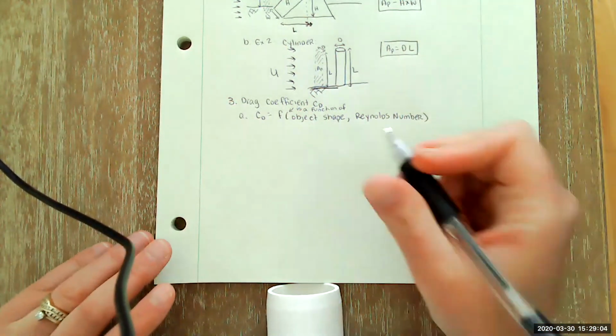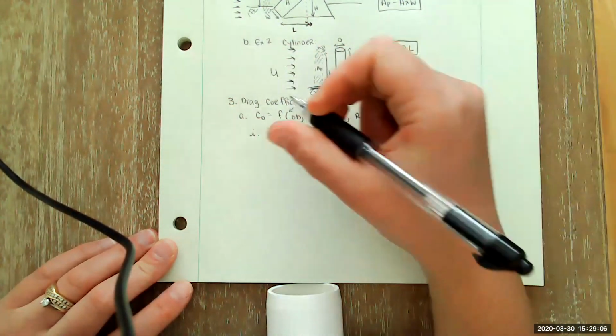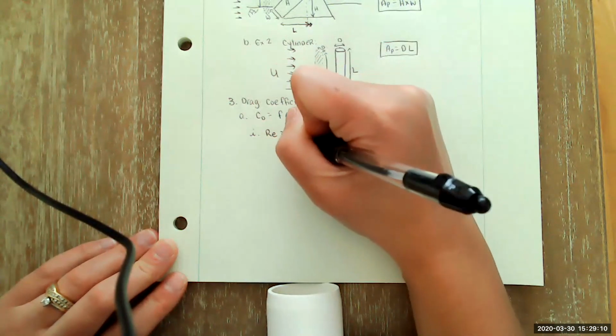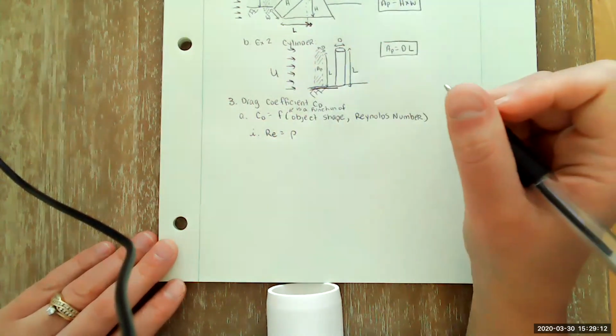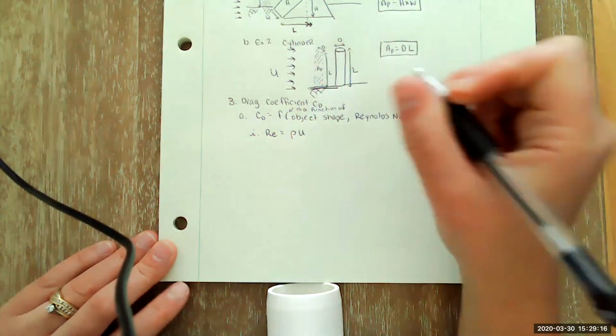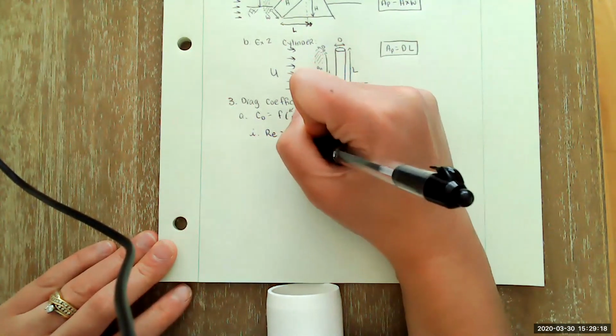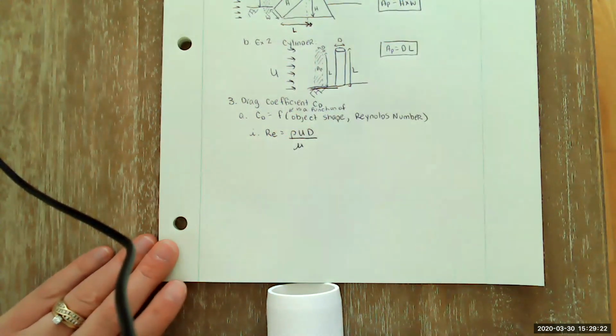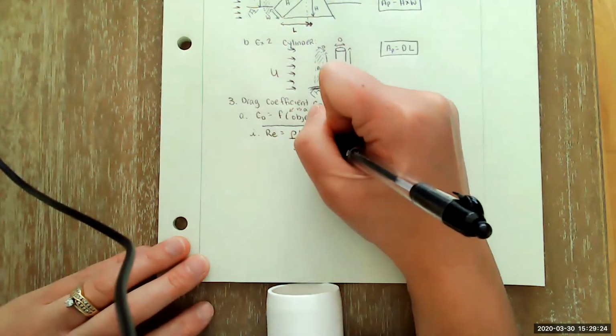And you guys have probably talked about the Reynolds number in your fluids class, but as a refresher, the Reynolds number is equal to rho times the velocity times some characteristic dimension, all divided by the dynamic viscosity. So this is our equation.